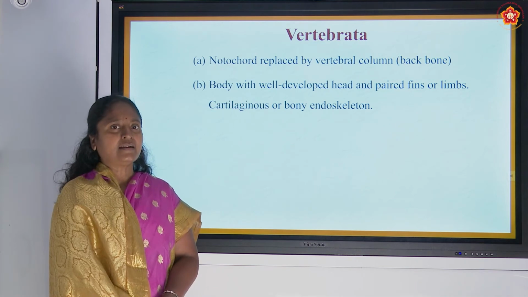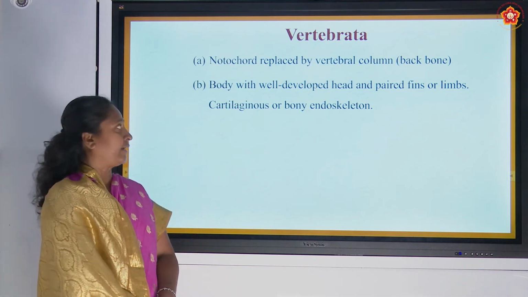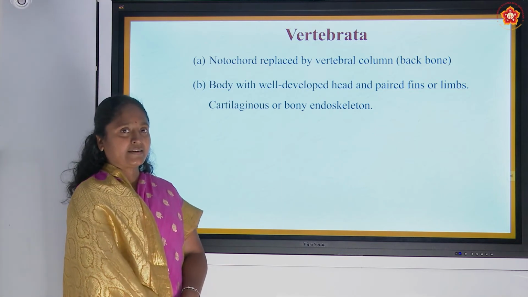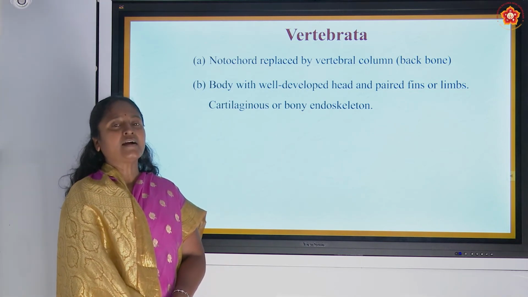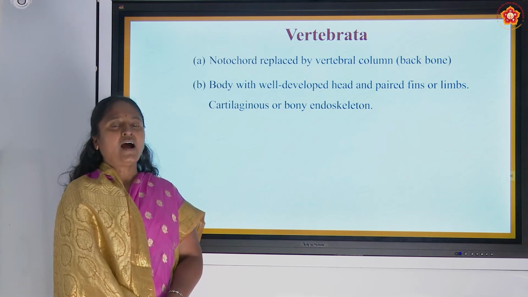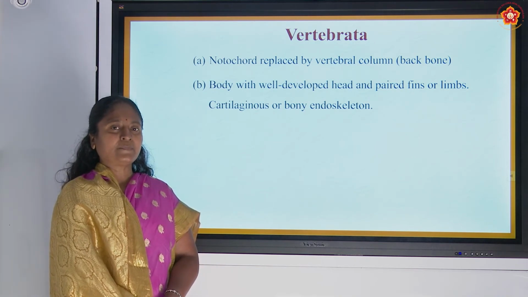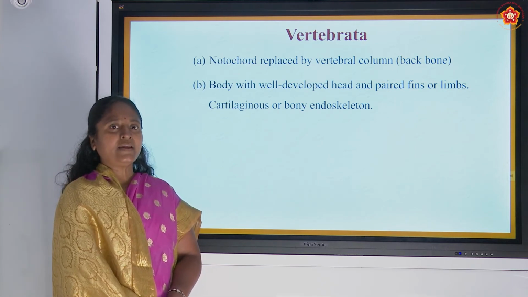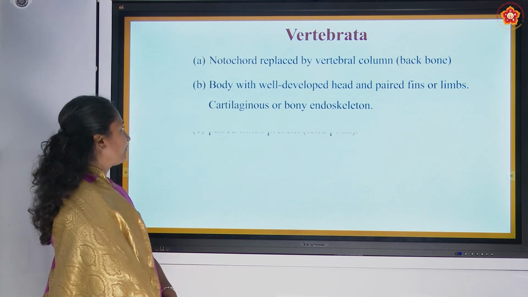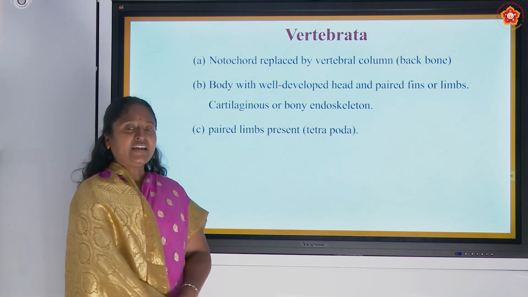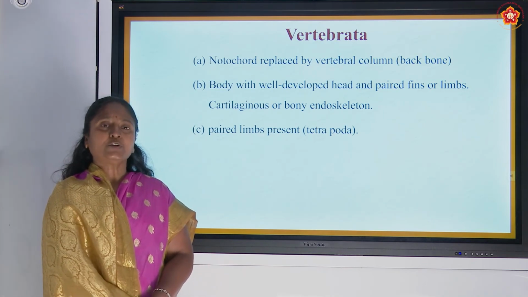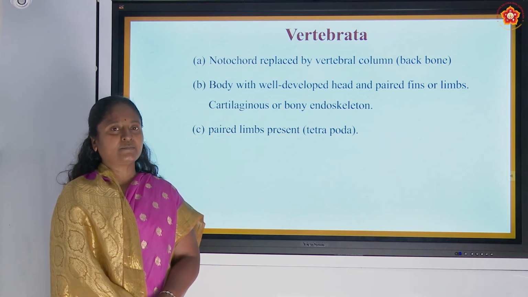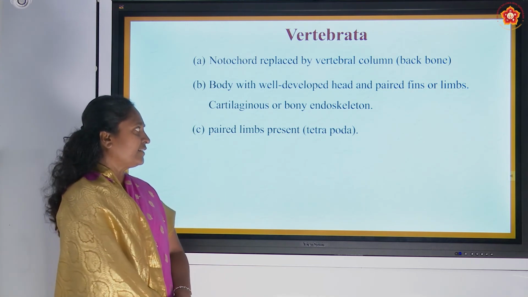The fins and limbs are present in pairs, and they have an endoskeleton. This endoskeleton may be a cartilaginous structure or a bony structure. They have two pairs of limbs, so four limbs, hence they are known as tetrapoda.